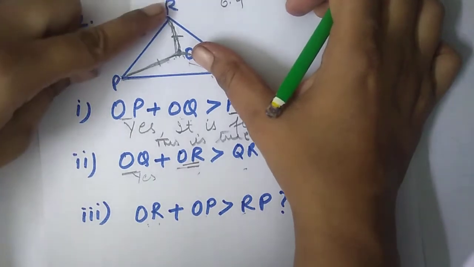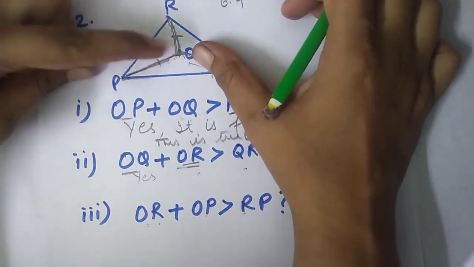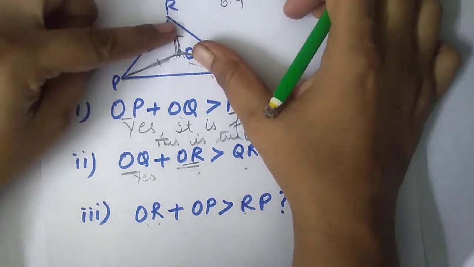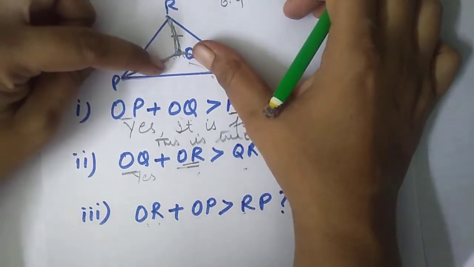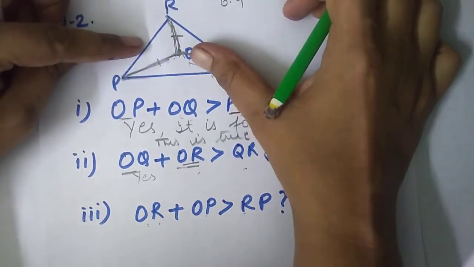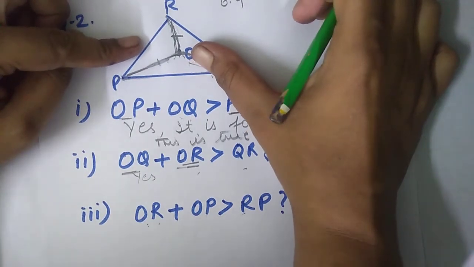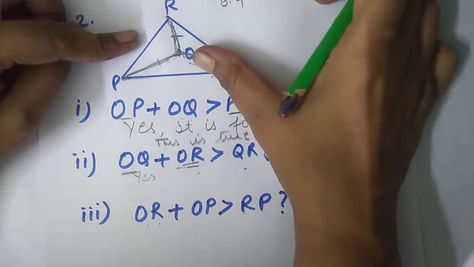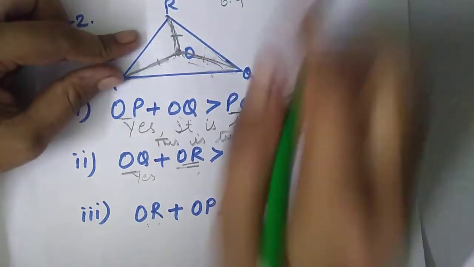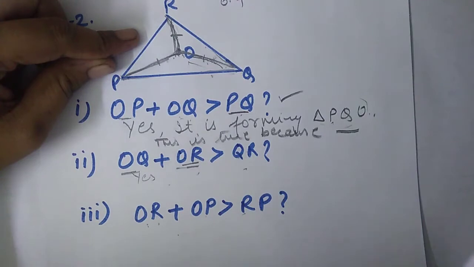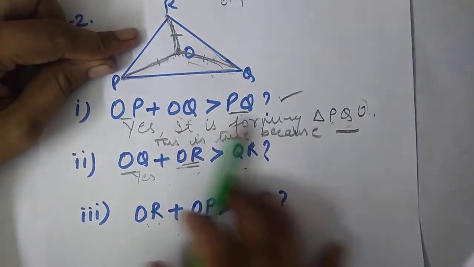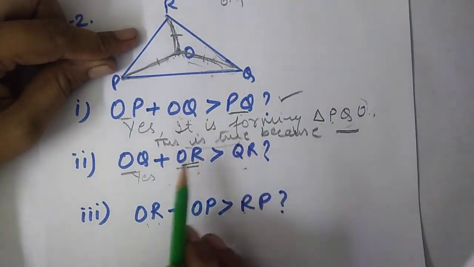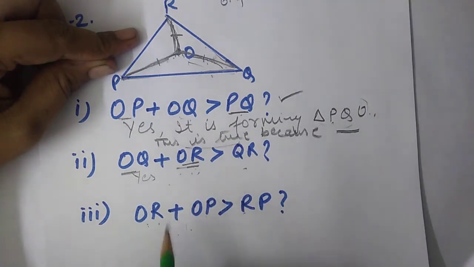Yes, because again it is forming triangle ROP, and the sum of these two sides must be greater than this one, because for forming a triangle, the triangle must satisfy the triangle inequality. So all these three are true. I have written this reason, and in the same way you have to write the reasons for the other two.